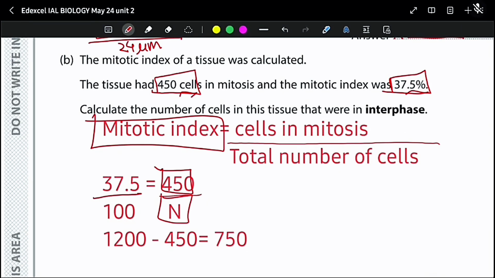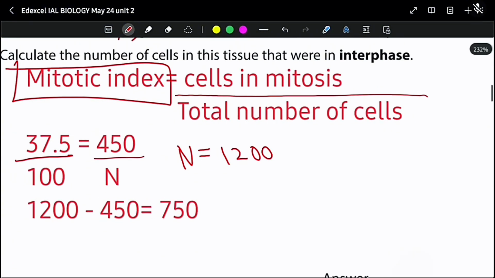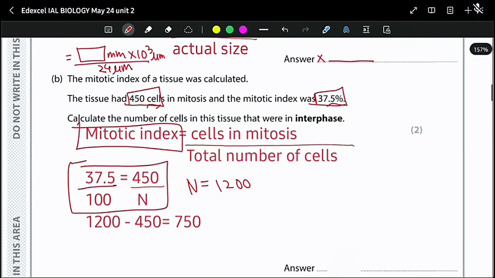I'm denoting it as N. So we see N comes as 1200. From this equation, we find N equals 1200.